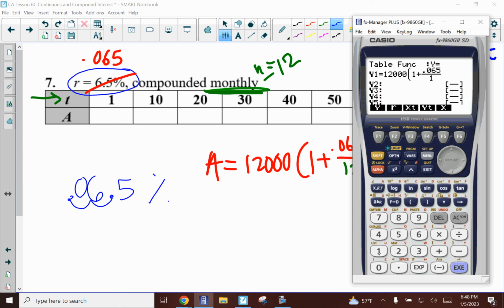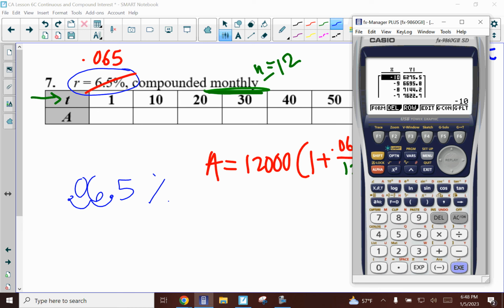We're doing it monthly, so there are 12 months in a year, and the formula says to write the 12 twice. Make sure you put it up as the exponent though, so 12, and then we stick the X so the calculator can plug in the different X values. I'm not going to write this, my pen died, so you're just going to have to get it off the calculator, so get ready to hit your pause button.